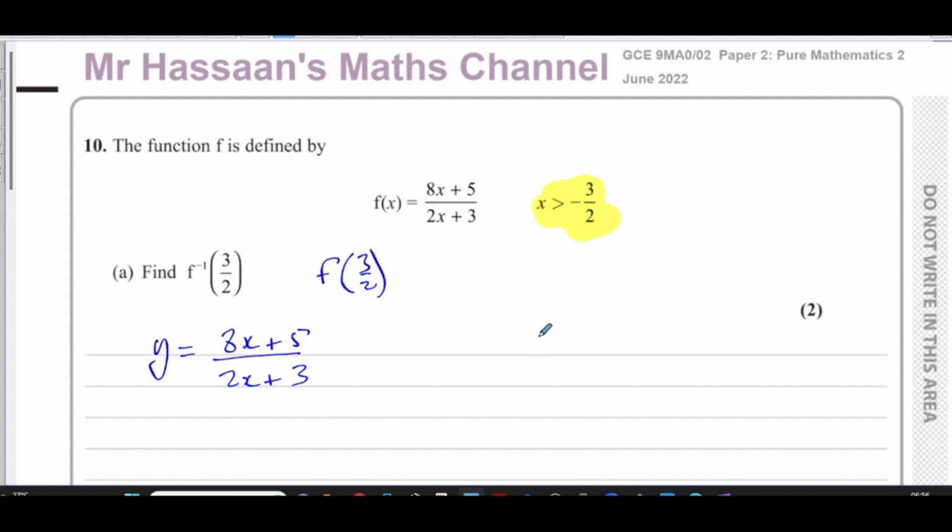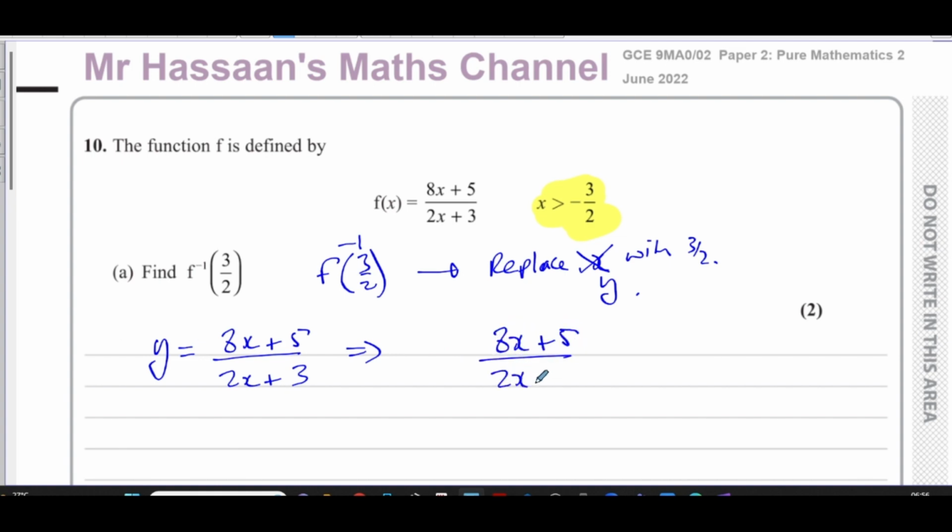So instead of replacing the x with 3/2, when it's the inverse, we do the opposite: we replace the y with 3/2. So now I have 8x plus 5 over 2x plus 3 equals 3/2.